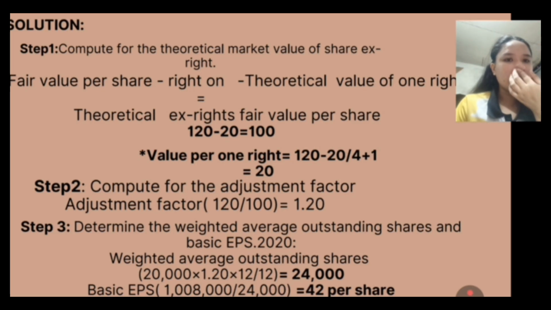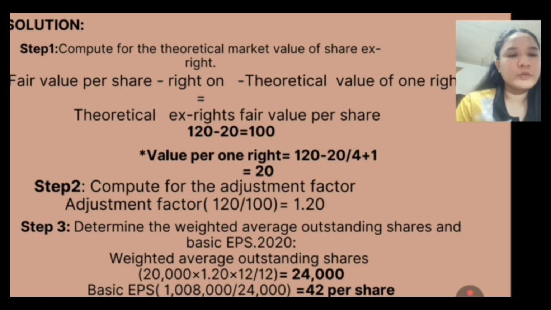So 120 minus 20 is equals to 100. And so pagkuha nato sa value per one right is equals to 120 minus 20 divided by 4 plus 1 is equals to 20. Then the step 2, compute for the adjustment factor. Adjustment factor is 120 divided by 100 is equals to 1.2.